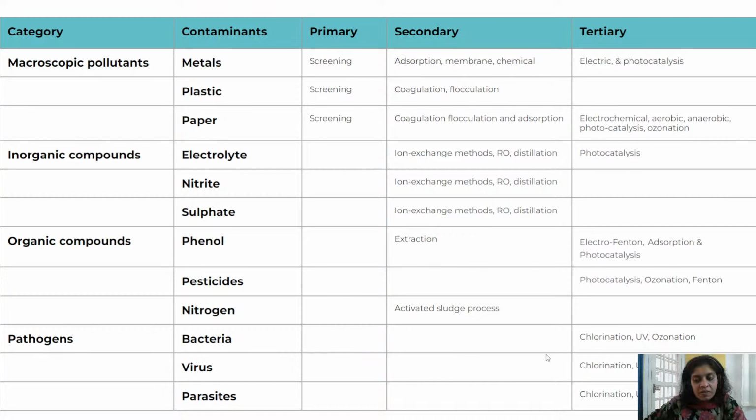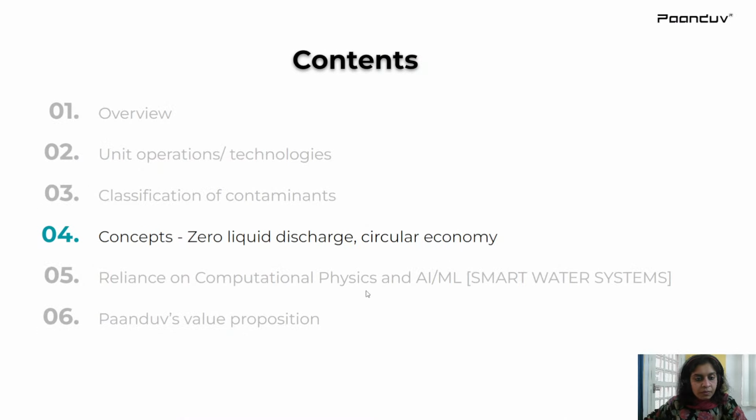Bacteria and viruses are usually eliminated by chlorination, UV process, ozonation process, or photocatalysis process. Photocatalysis is highly efficient. UV is also widely used in tertiary treatment processes.